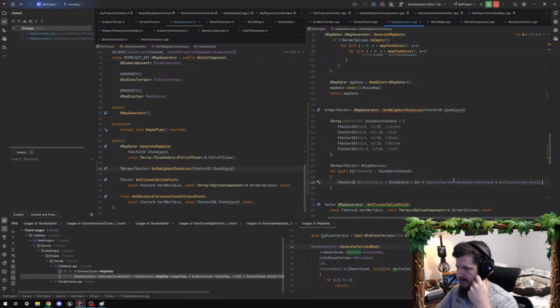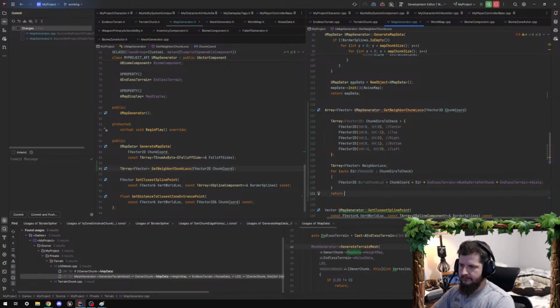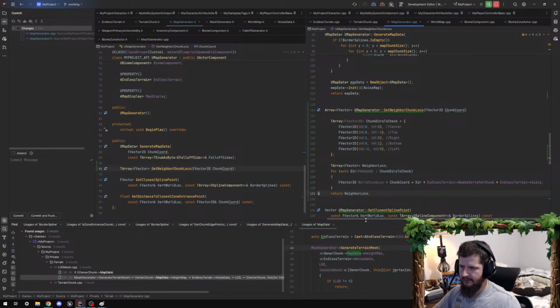I should probably just add a method or a function on the endless terrain to calculate that. I will do that later, as I always say and never do.